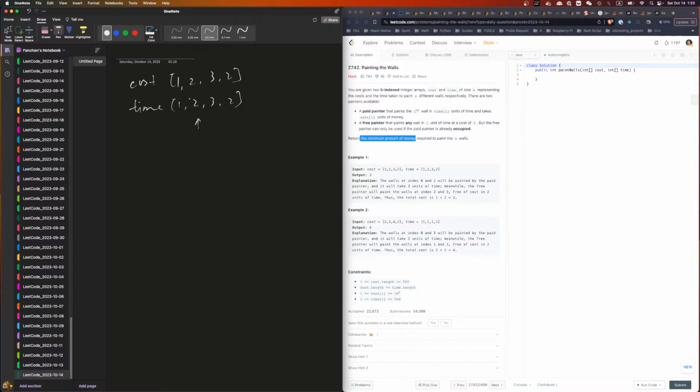So I'm gonna decide on a current. So I have a current cost, I have a current time, right? And each wall is either painted by a previous painter, by the paid painter, or the free painter.